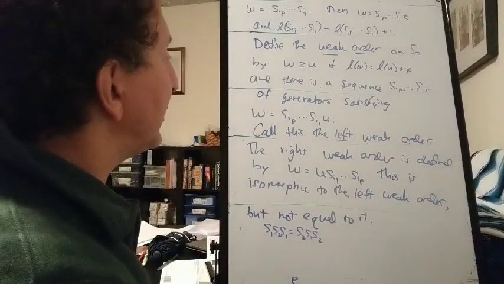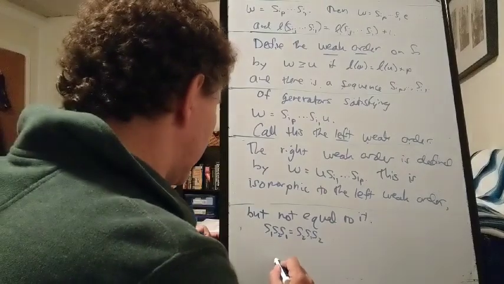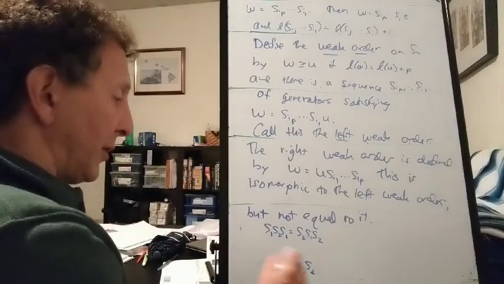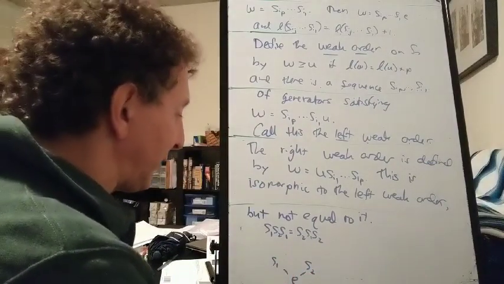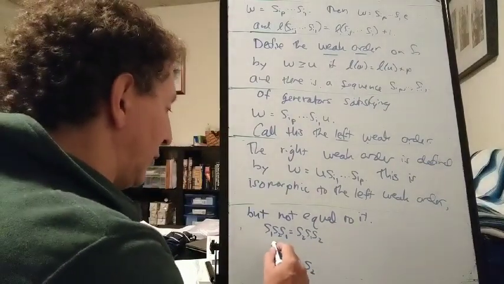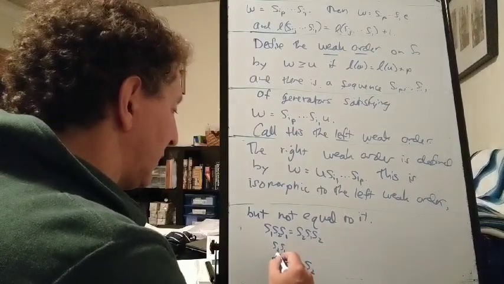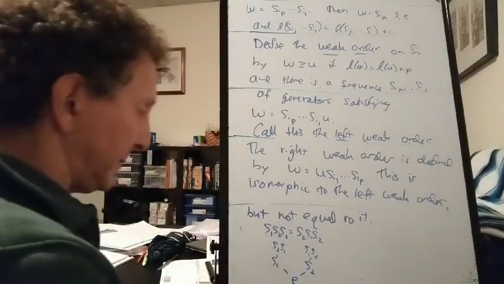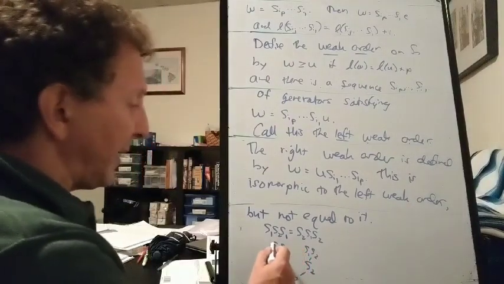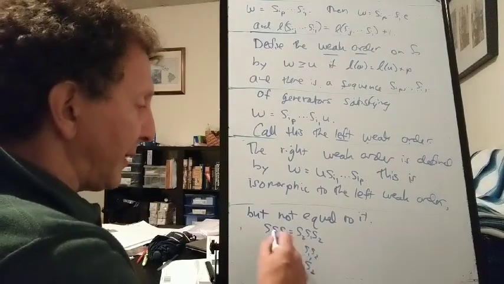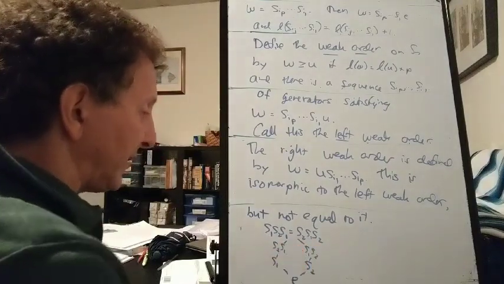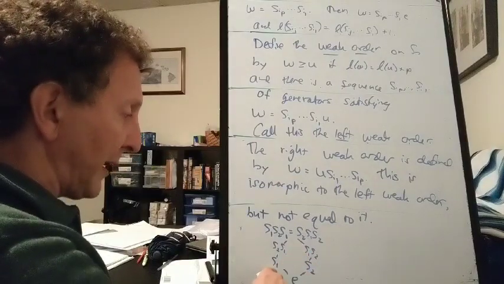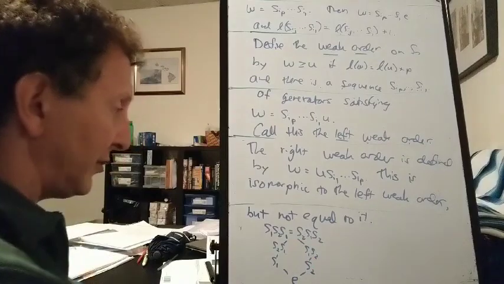And then if we use the left weak order, multiply e on the left by S1 or S2, multiply that on the left by S2 or S1, and then multiplying this on the left by S1, that on the left by S2, and then we go up to this top element here. We do not have an edge from S1 to S1 S2 because we can't multiply that on the left by something to get S1 S2.